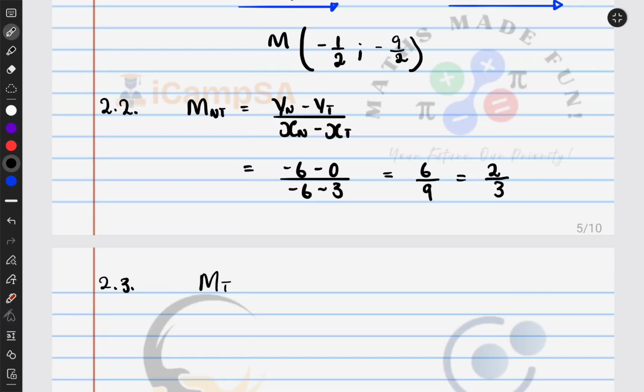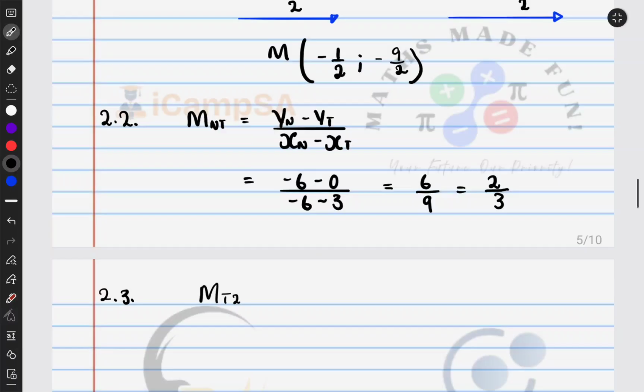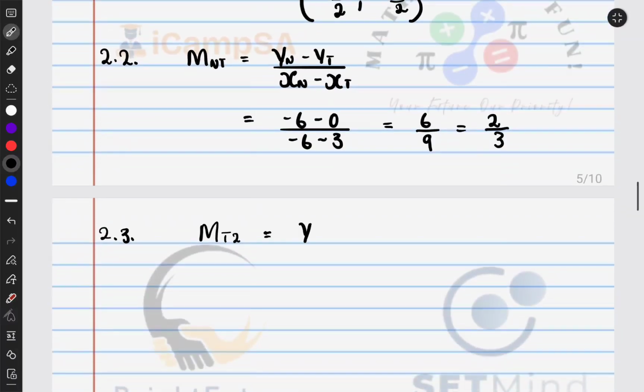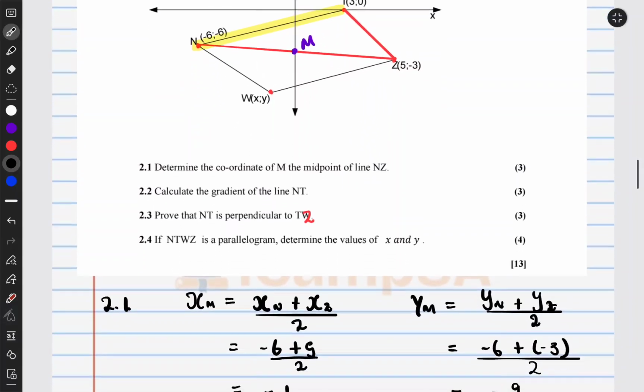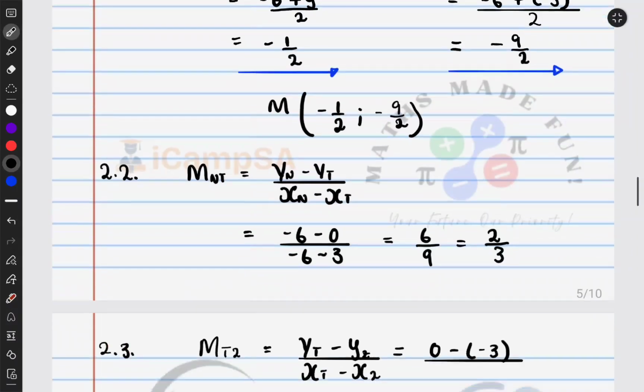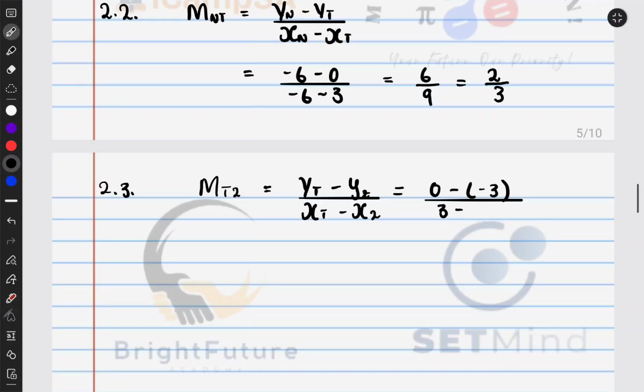So the gradient of TZ is the difference of the height, yT minus yZ, over the difference of the run, xT minus xZ, which is equal to the y of T, 0, minus 3, the y of Z, over the x of T, which is 3, minus 5.